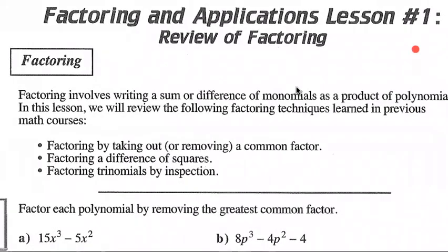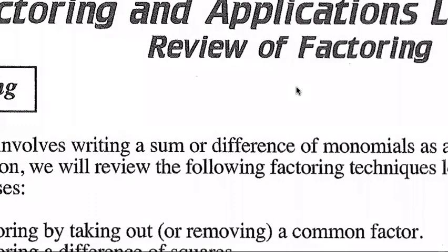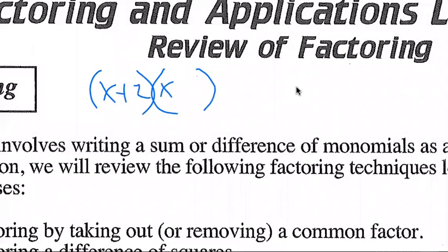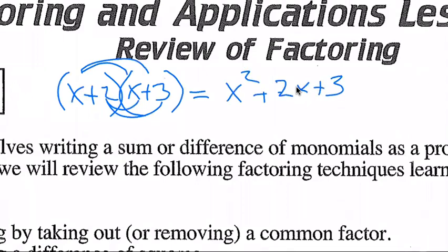Okay. Factoring involves writing the sum or difference of monomials or binomials as a product of polynomials. So basically what that's saying is that if I can take this binomial x plus 2, x plus 3, and expand that using distributive property, or FOIL in this case, first, outside, inside, last, to get x squared plus 2x plus 3x plus 6, which simplifies to x squared plus 5x plus 6.